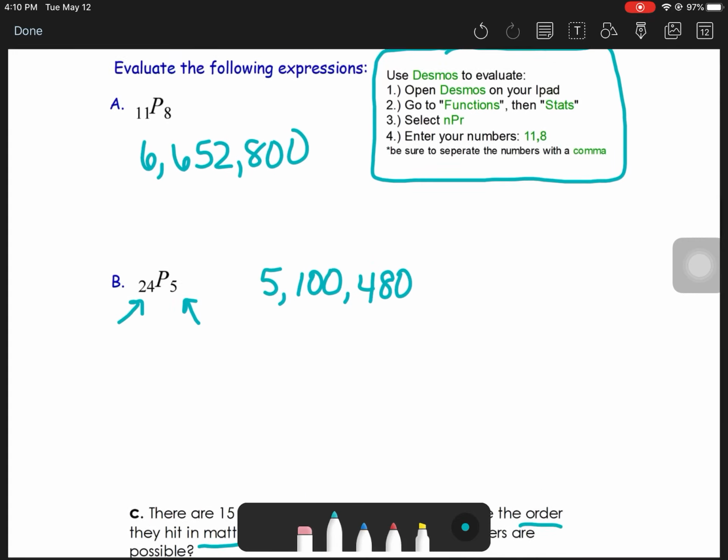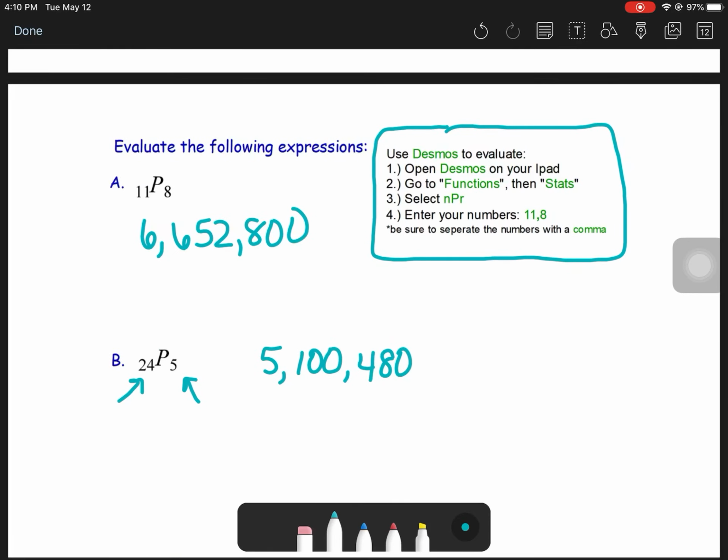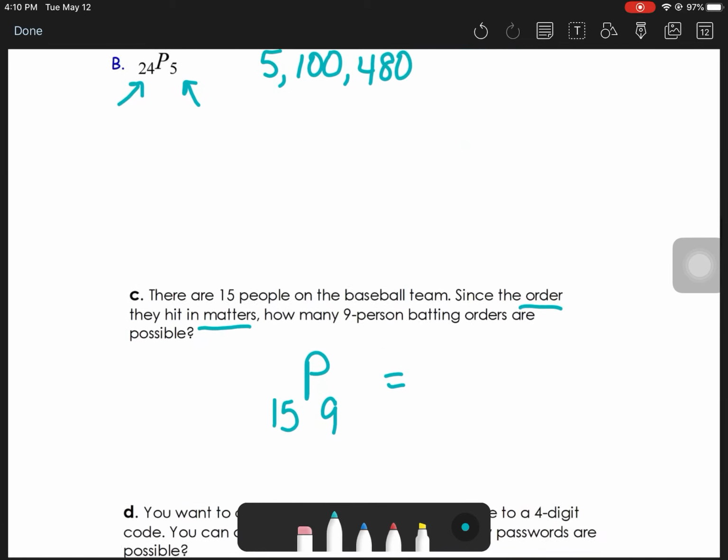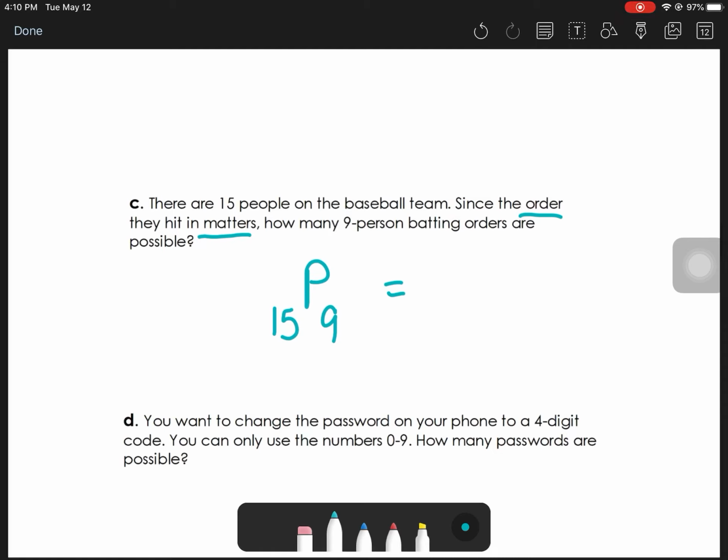So on your calculator, go to Desmos, go to functions, then statistics, select nPr, and we're going to put 15, 9, and you're going to be amazed that there are 1,816,214,400.